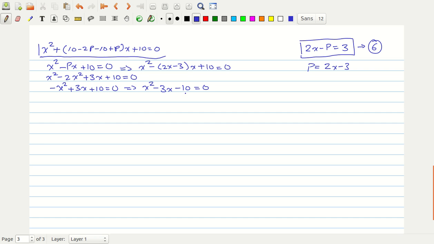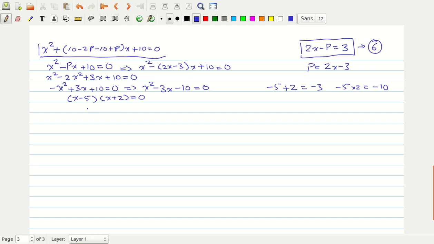So, we have to find two numbers whose product is minus 10 and sum is minus 3. So, minus 5 plus 2 is equal to minus 3, minus 5 times 2 is equal to minus 10. So, this can be factorized as x minus 5 times x plus 2 is equal to 0.